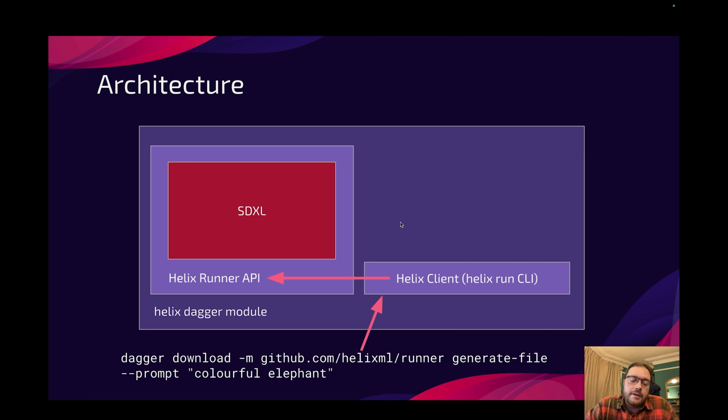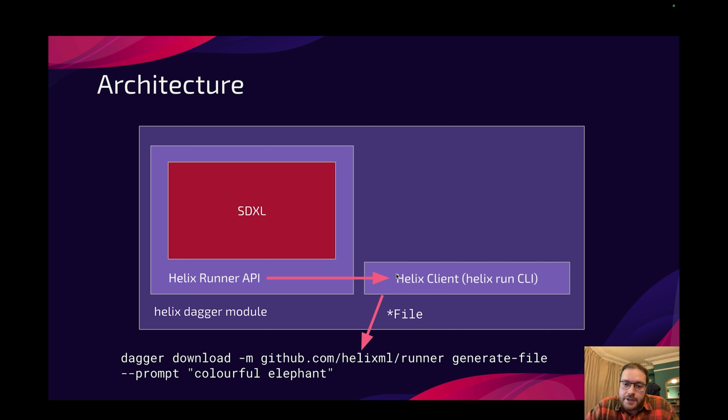It had the AI model weights baked into that container image. It then ran the inference against that SDXL model, and sent the response back to the Helix client as the API response, as a base64 encoded string of the PNG file.